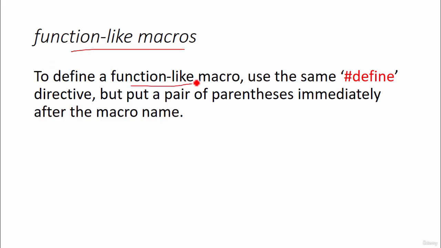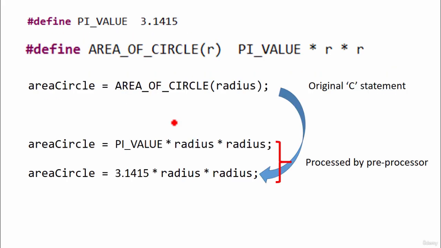So now let's learn about function like macros. To define a function like macro, use the same hash define directive, but put a pair of parentheses immediately after the macro name. So now let's see an example. So here this is a normal macro definition, and now this is actually a function like macro. So this is a macro name and this is a value.